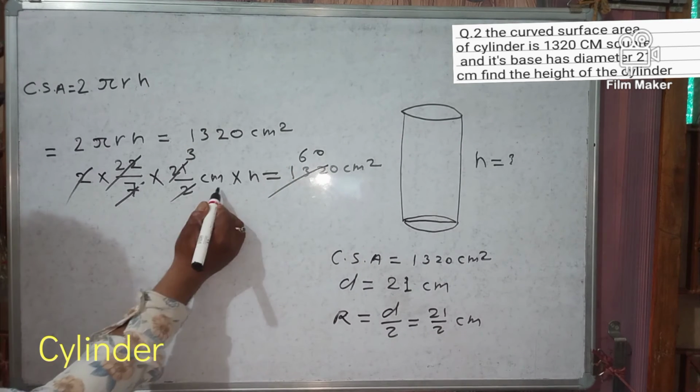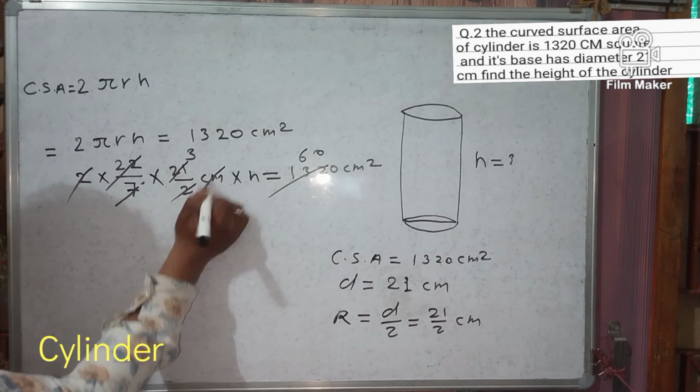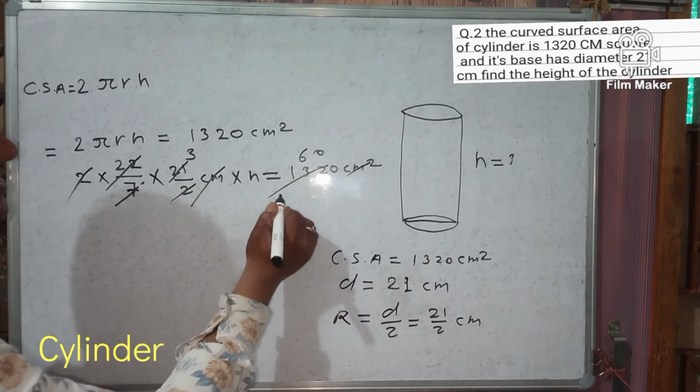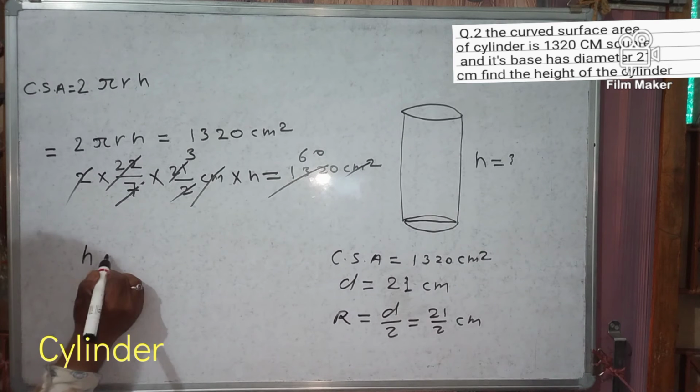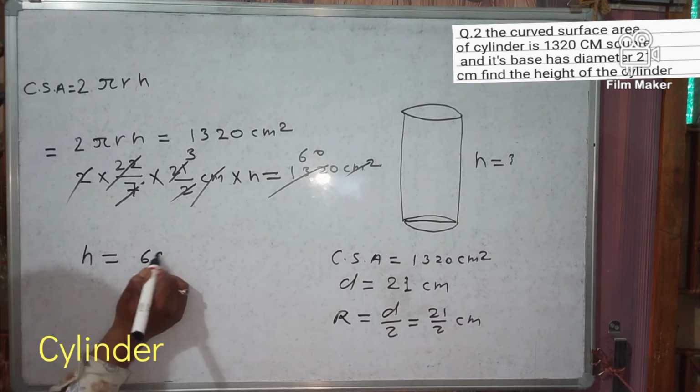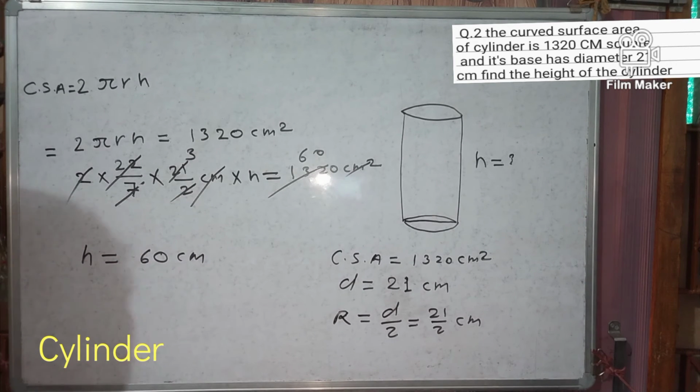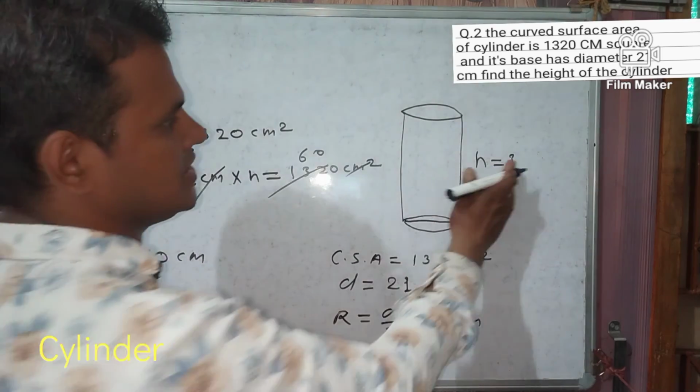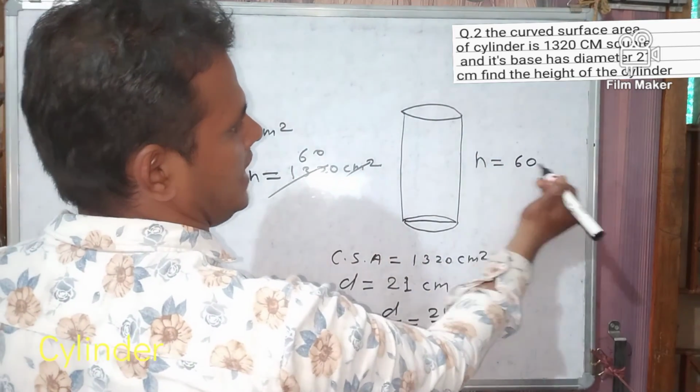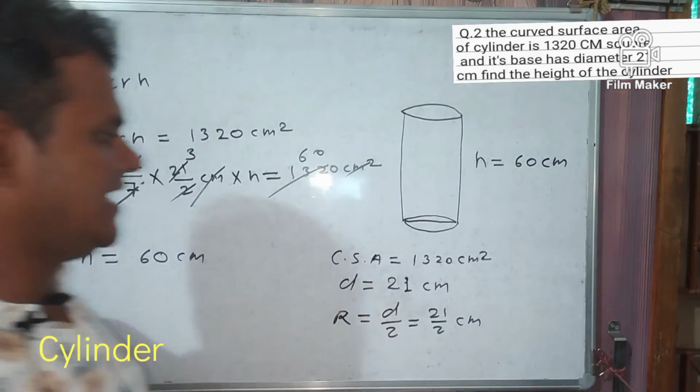So now here 1 centimeter and 1 centimeter cancel, so h is equal to 60 centimeter. So height is 60 centimeter, right friends?